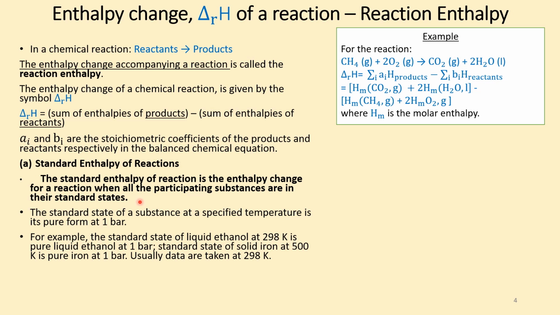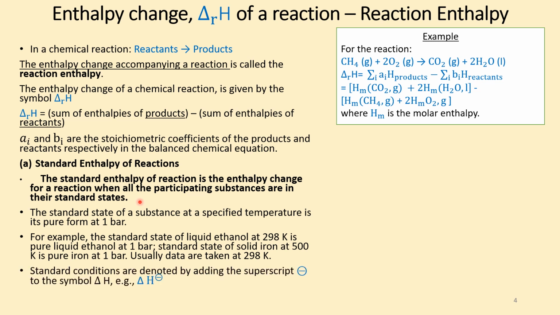Usually data are taken at 298 Kelvin. Standard conditions are denoted by adding a superscript, an encircled dash, to the symbol ΔH, for example ΔH with a superscript encircled dash.